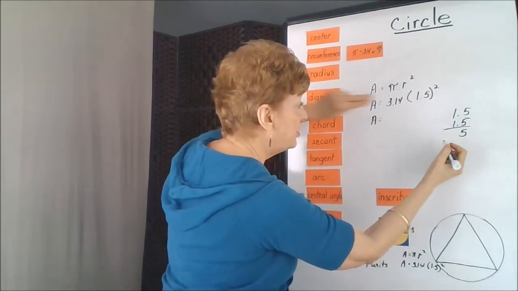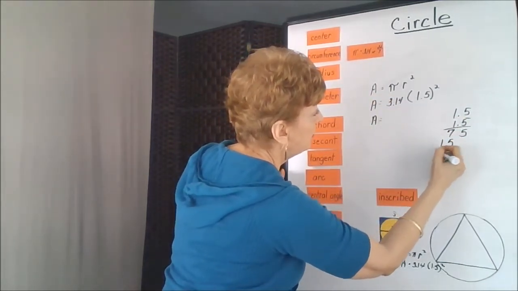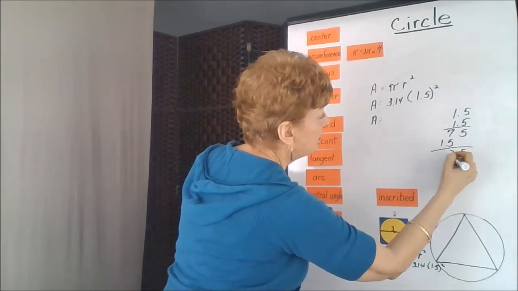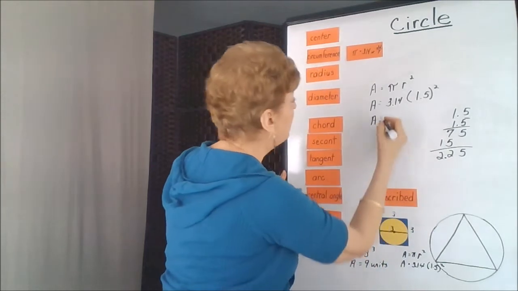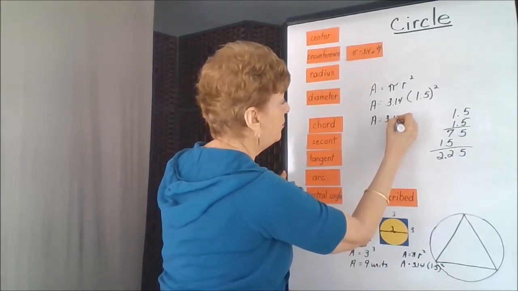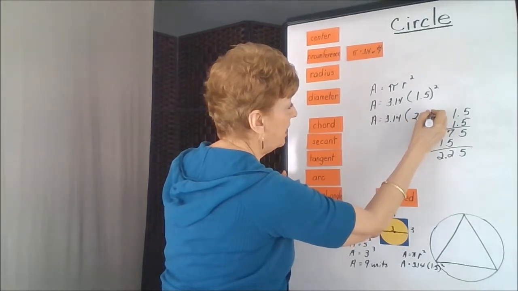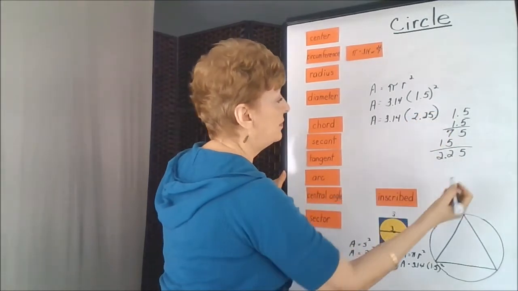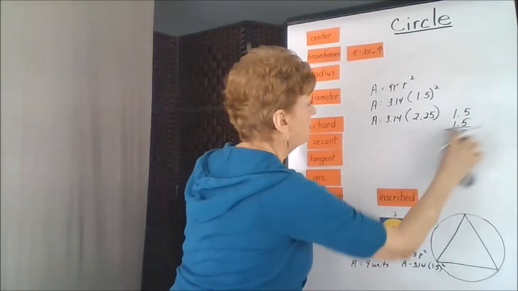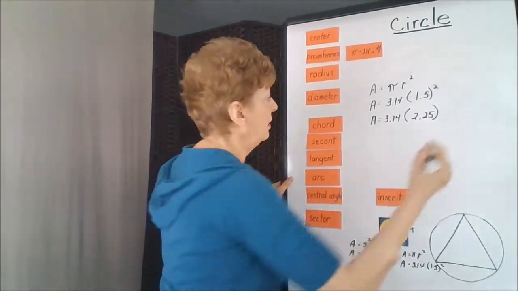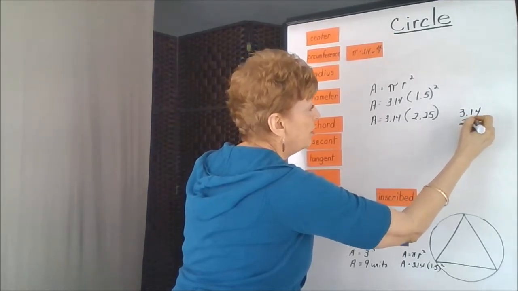25, carry 2, I have 7, and 5 and 1. 12 and 2, and I have 2 decimal places, so it's here. So now I have 3.14 times 2.25. Another calculation has to be made. So now I'm going to go 3.14 times 2.25.